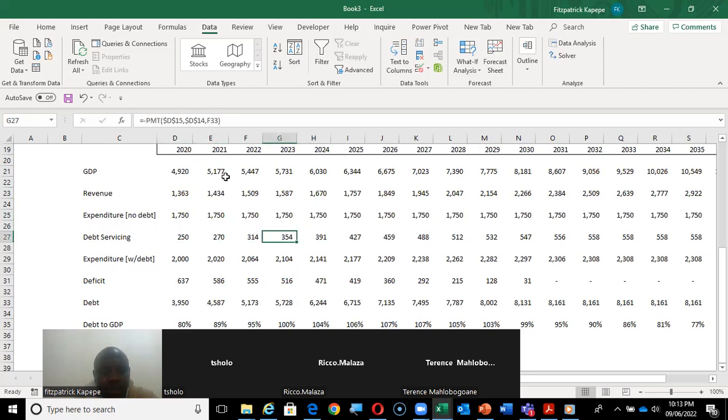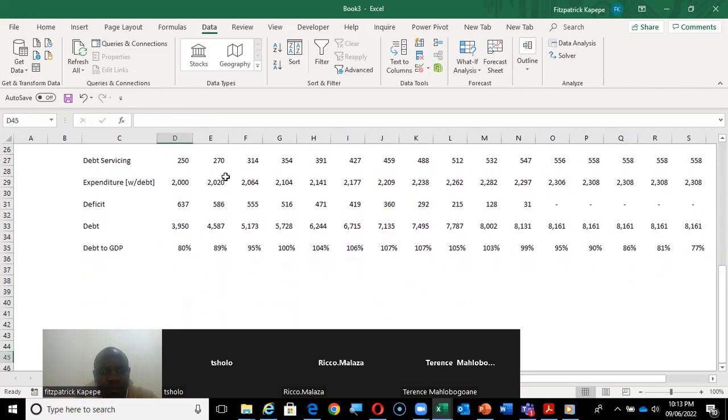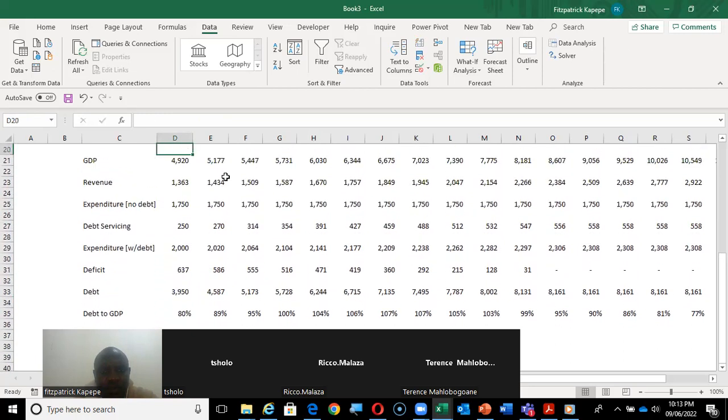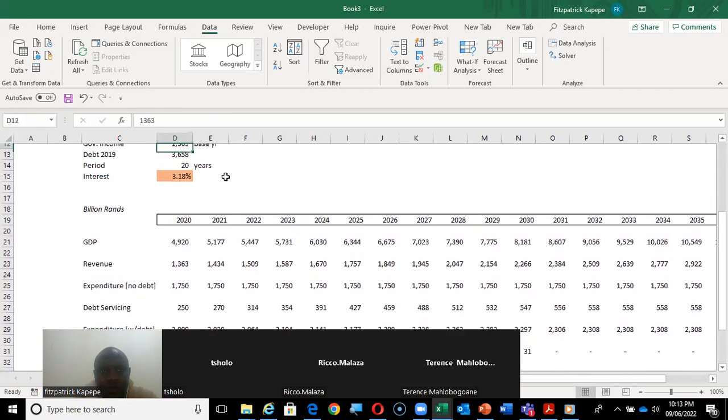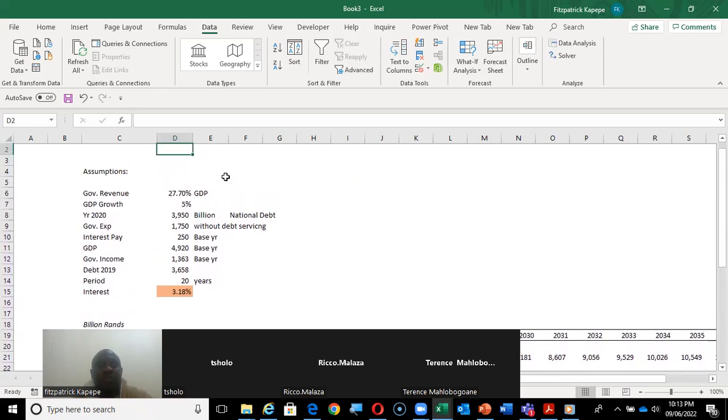Debt servicing will be growing. Then you have the total expenditure with debt. Then you have your deficits in there. So this is how it would be computed. So I reset it back to 2%.